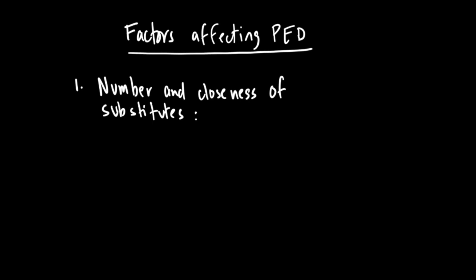more options available means higher will be the PED. Similarly, if two goods are very similar to each other, we call them close substitutes. And so therefore, the closer the substitutes, we say higher will be the PED, because the consumer will be very responsive to a change in price. If the price of one good goes up, he will switch to the other one, which he deems as a very, very close substitute. So let me write this.